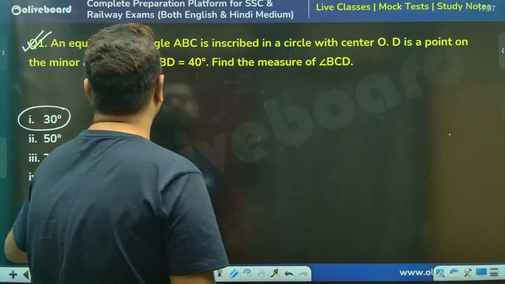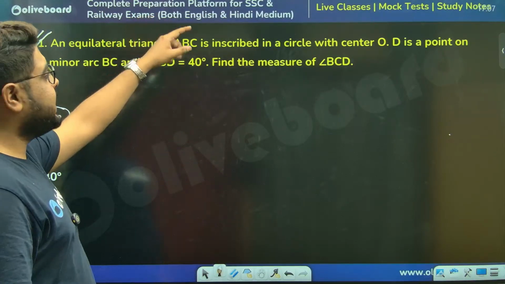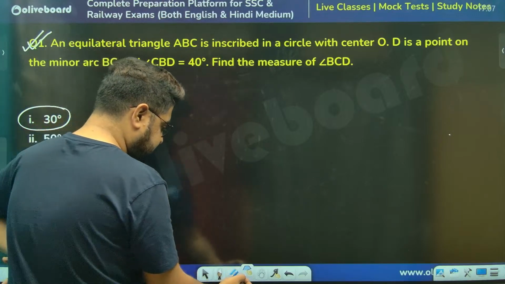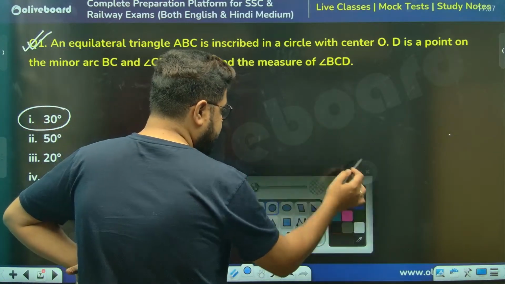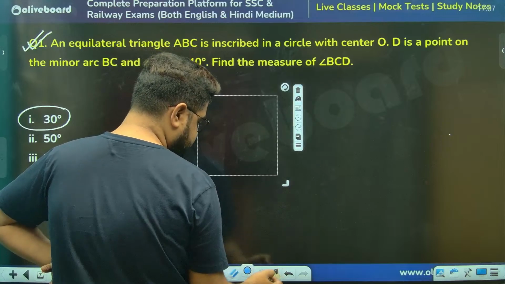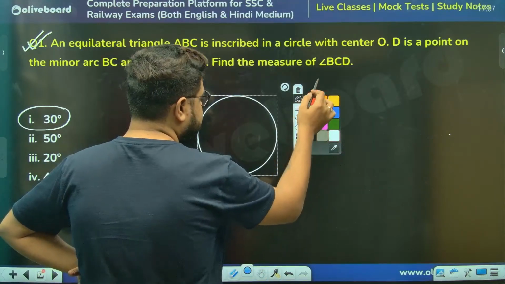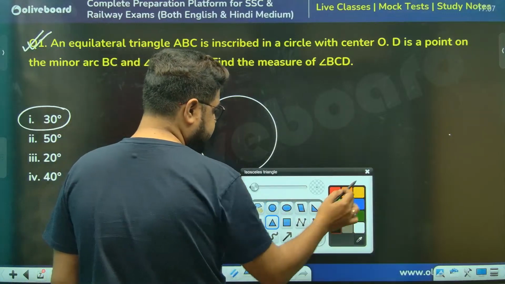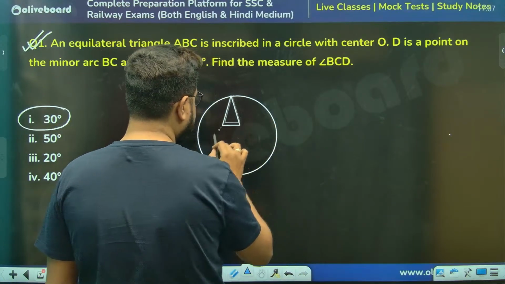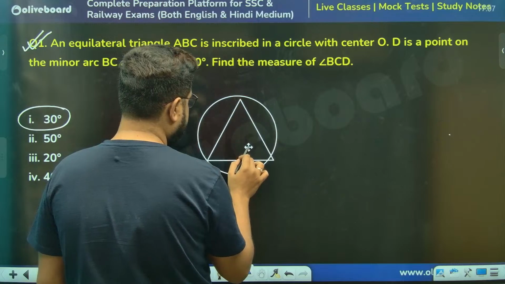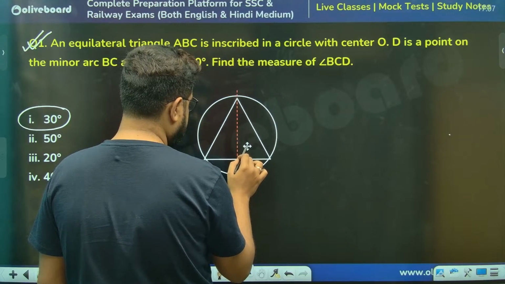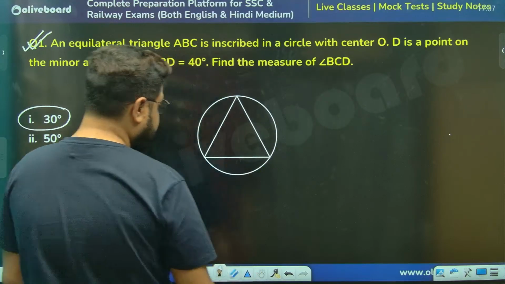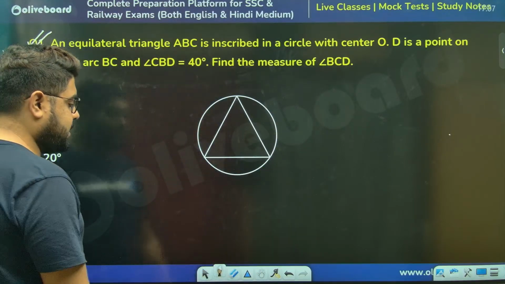Let's see the solution. Equilateral triangle ABC is inscribed in a circle. All the questions today are quite good questions.